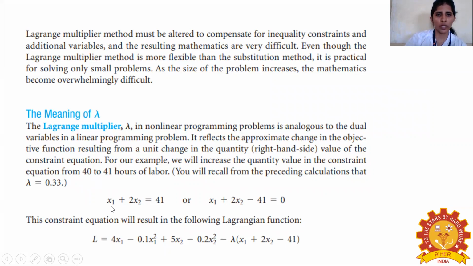So x1 plus 2x2, instead of 40 we substitute 41, and the resulting constraint equation using the Lagrangian function would be 4x1 minus 0.1 x1 square plus 5x2 minus 0.2 x2 square minus lambda into (x1 plus 2x2 minus 41).